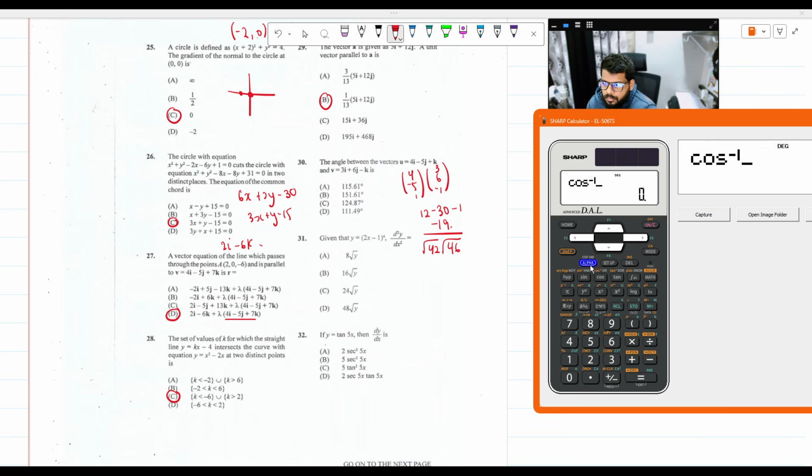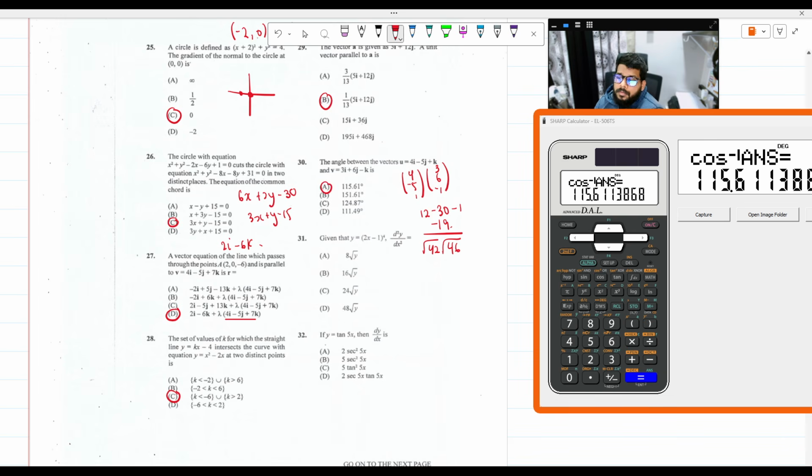Cos inverse of this, 64. Oh, this is the positive angle. I forgot to put the minus 19, so I got to put the minus 19 there. And cos inverse of this is 115.61. So it's E. Alright, so I just forgot to put minus 19.